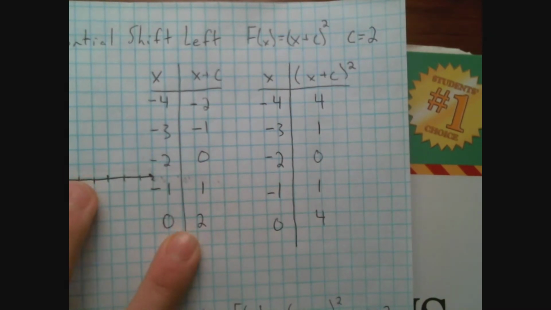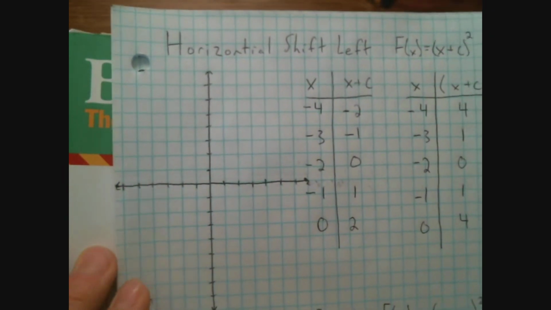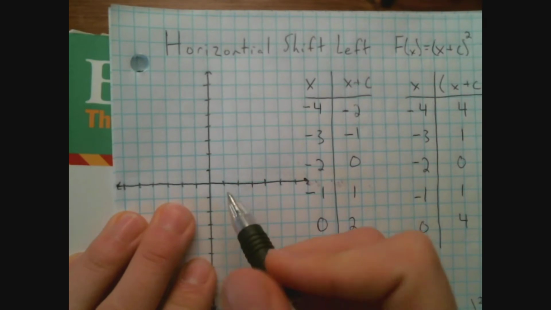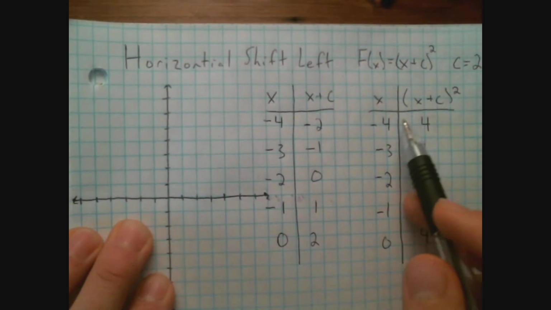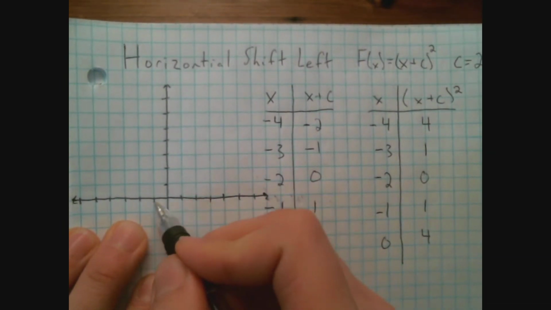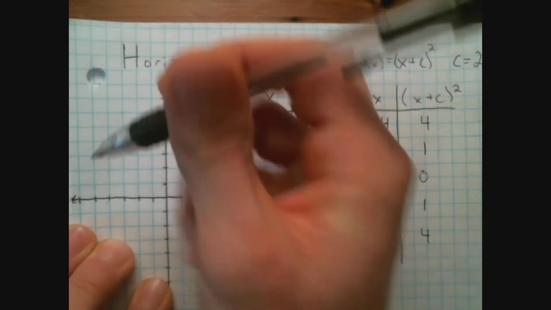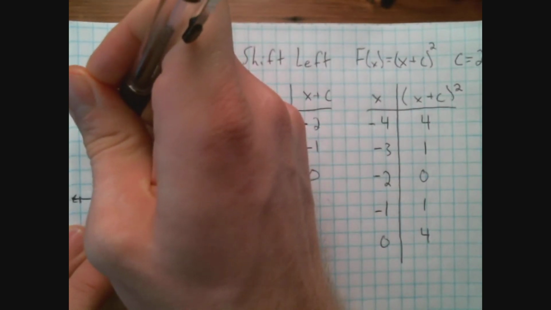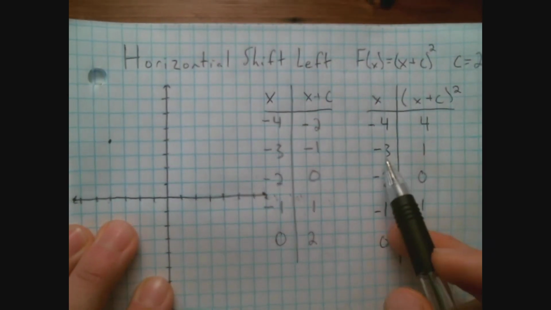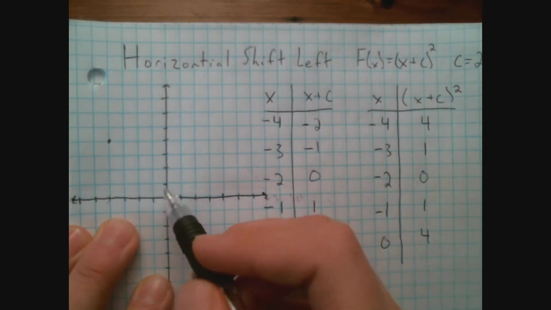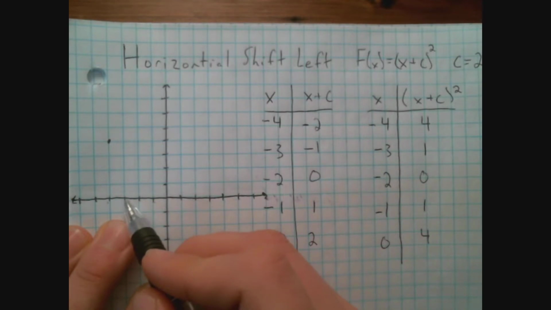So now we're going to go over to our graph and we're going to graph this. So our first point is negative 4, 4. So 1, 2, 3, 4, and up 4. 1, 2, 3, 4. First point will be right there. Our second point is negative 3, 1. So negative 3 and up 1.